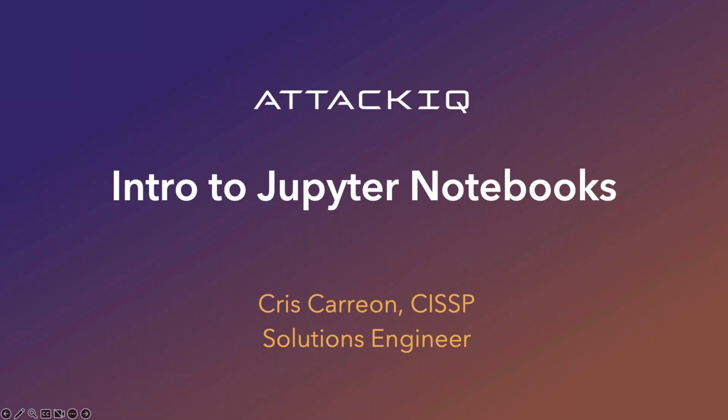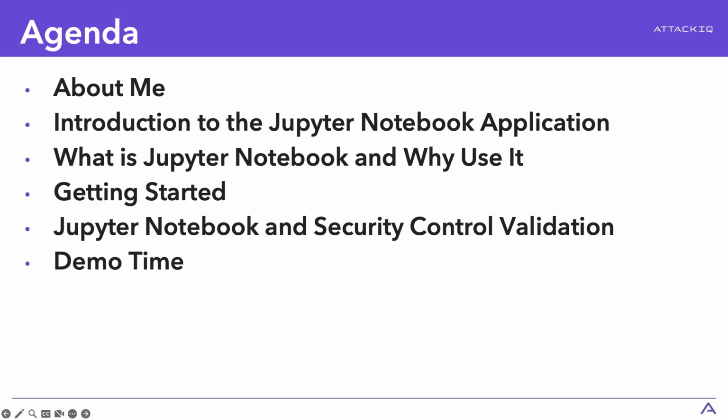Today's demo is titled Introduction to Jupyter Notebooks. So I will go over some things, and I hope you enjoy it. Just to give you a quick glimpse of the agenda here, we're going to be talking a little bit about Jupyter Notebooks, but first of all, a little bit about me, an introduction to what Jupyter Notebook is, what's the application, and why use it.